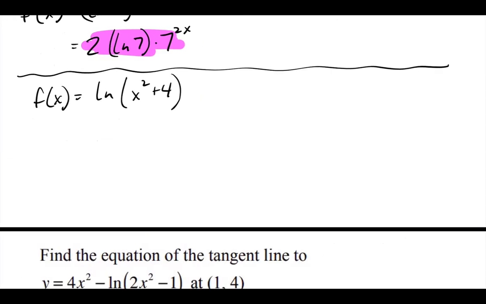And then natural log. When we do the derivative of a natural log, right? That's going to be the derivative of whatever we're finding the natural log of goes on top. So in this case it's going to be 2x, and then it's just going to repeat itself on the bottom, right?